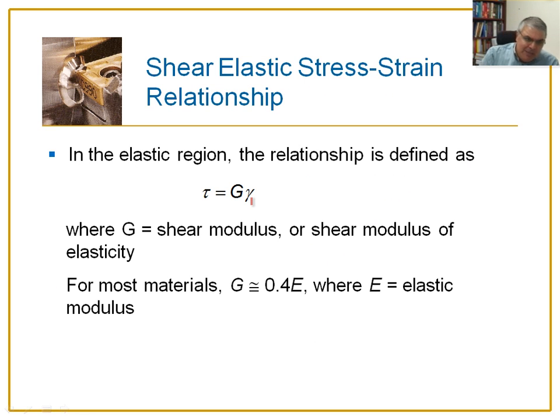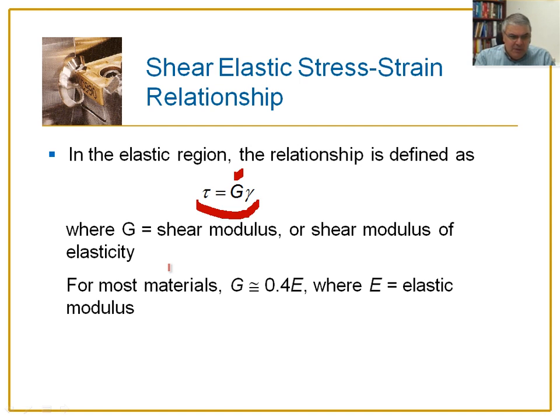So shear stress and shear strain are related, whereas in a tensile test stress and strain are related by the modulus of elasticity. In a shear test, we replace that stress by tau, and we replace the strain on the right hand side, and we introduce a very important parameter here, capital G. It's called shear modulus, or shear modulus of elasticity.